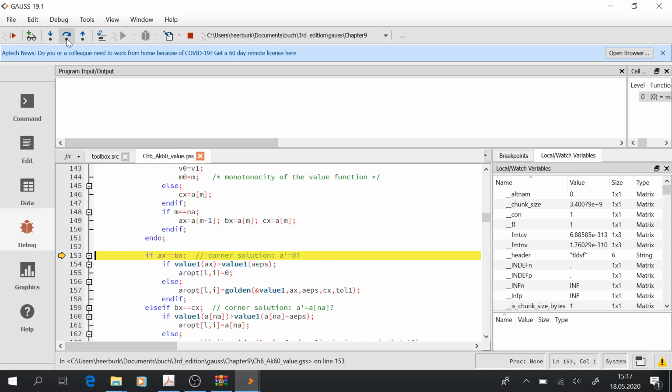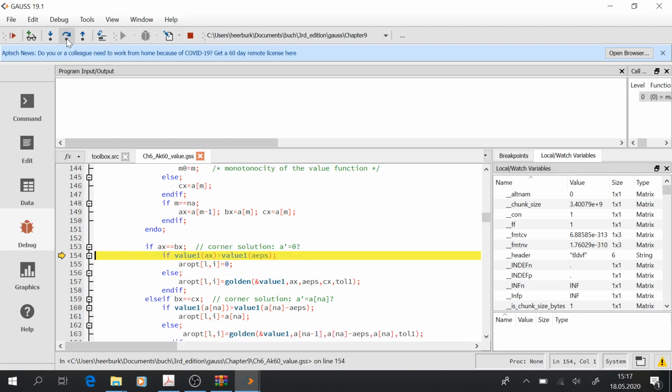And now we compute the optimal value function. So we know that the maximum must be somewhere between 0 and 0.05. We have the first case that at the second grid point the Bellman equation's right-hand side is already lower than at the first grid point. Therefore, we have to check if it's a corner solution. So here we have to check whether the value function at 0 is larger or smaller than at 0.0025.